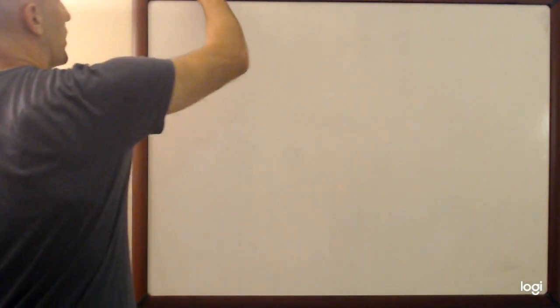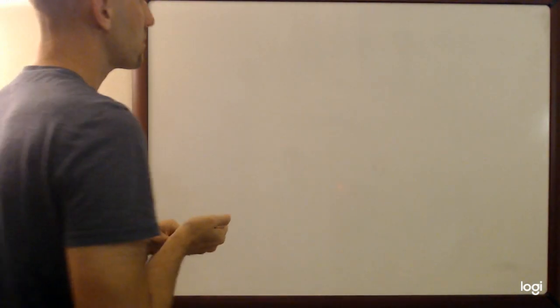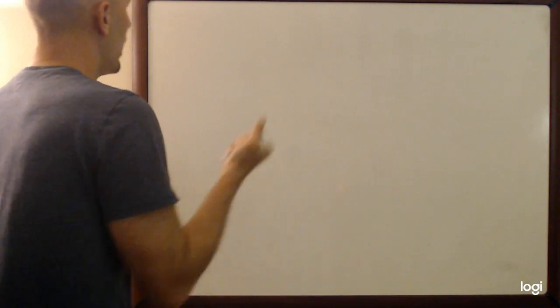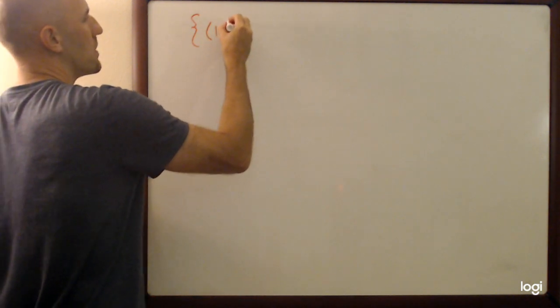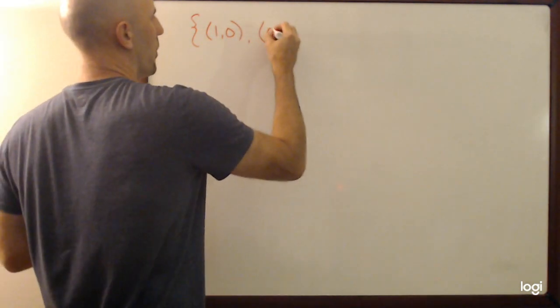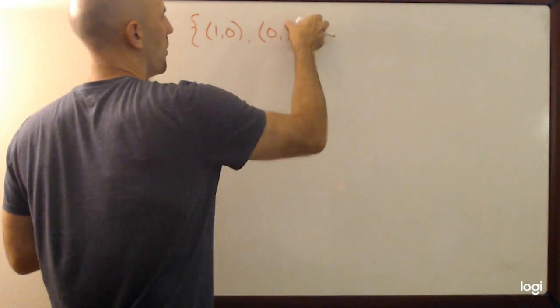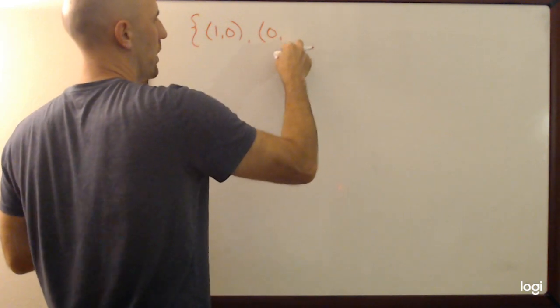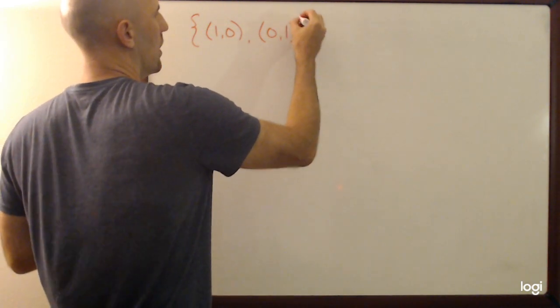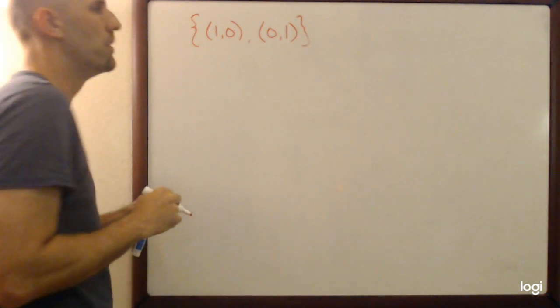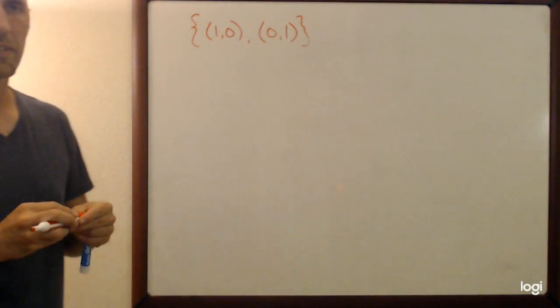And let's look at a couple of examples so we can maybe round out our understanding of what these things mean. Let's take, for example, this canonical basis for R2. This is linearly independent. Why?